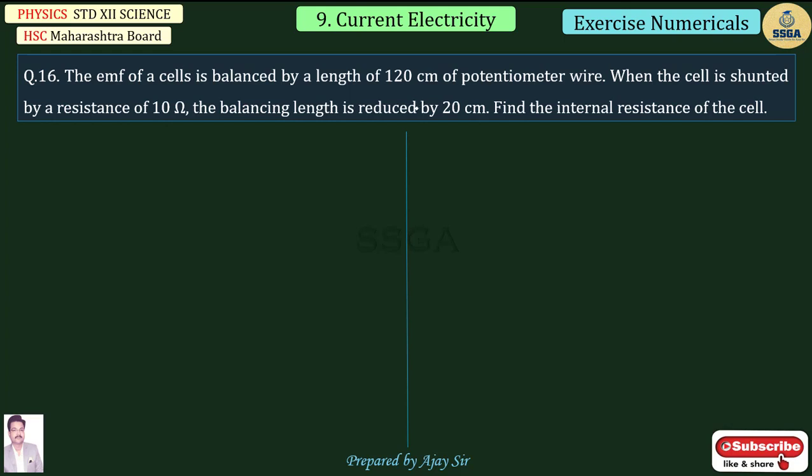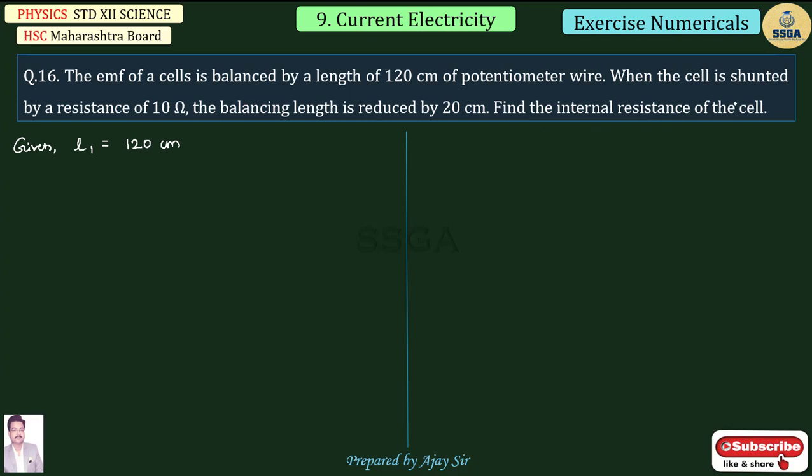So let us first write the given things. The length of potentiometer wire is 120 centimeter. When the EMF of the cell is balanced, at that time the length is 120 centimeter. So the first balancing length is given, that is L1, which is equal to 120 centimeter.